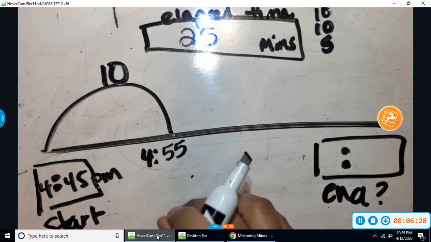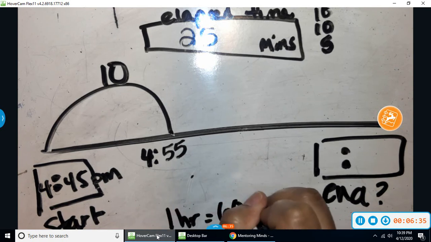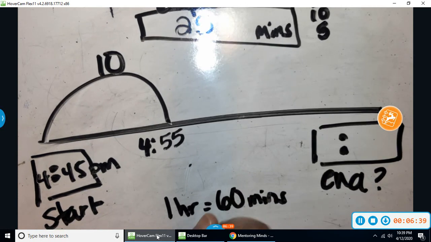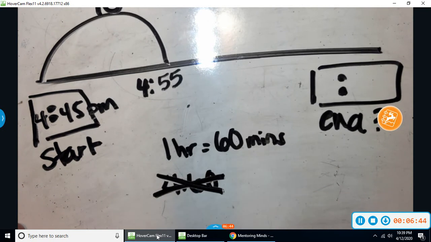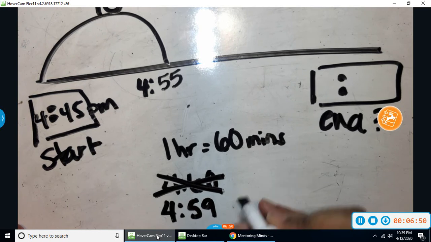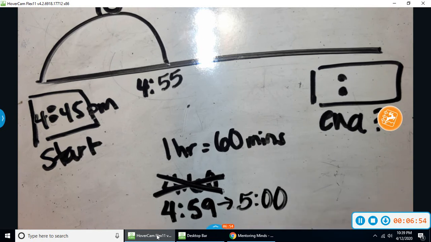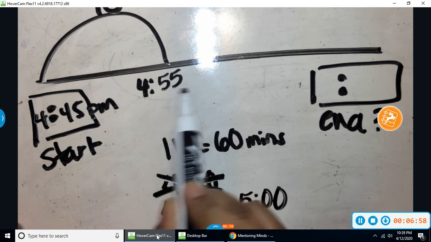Now here is where hopefully in second grade you remember that 1 hour is equivalent to 60 minutes. So we never have 4:60 on the clock. The clock would never read that. The clock goes from 4:59, and once it gets to what would be 60, the clock will read 5 o'clock. Okay, so in this case, I know that I'm close to 60.